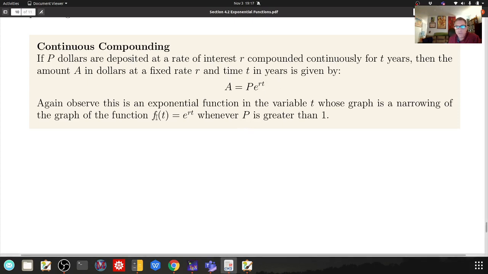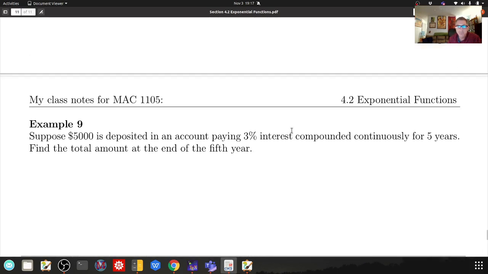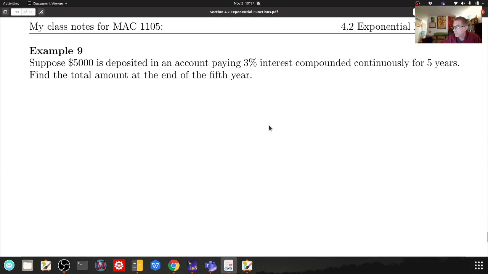Or if you want to look at function notation, it's the same as f of t equals P e to the rt whenever P is greater than 1. So let's use that formula to actually calculate the problem.